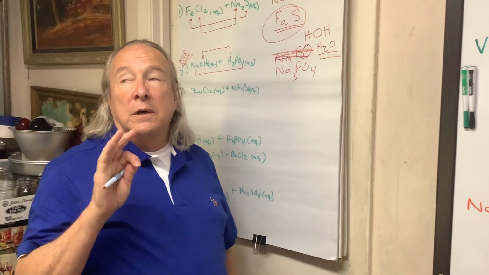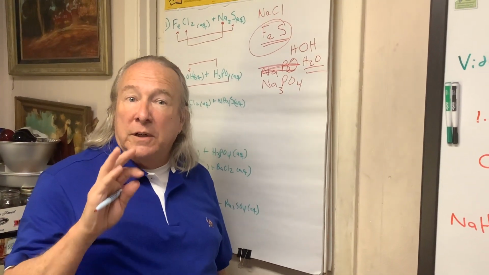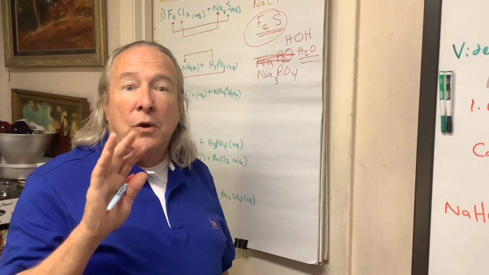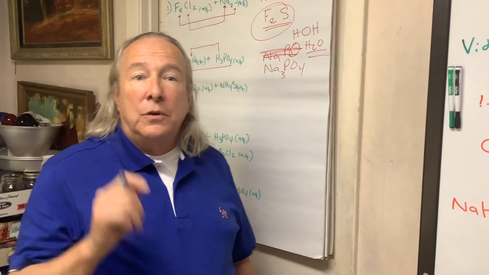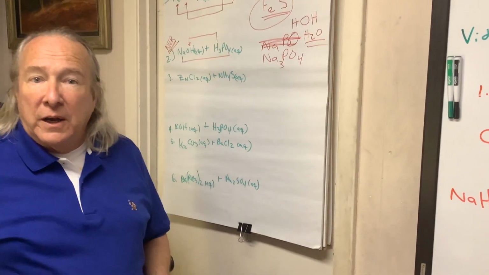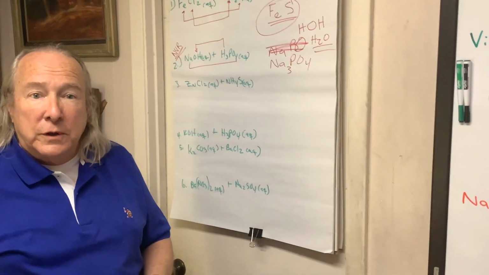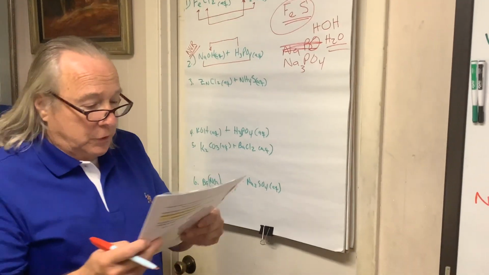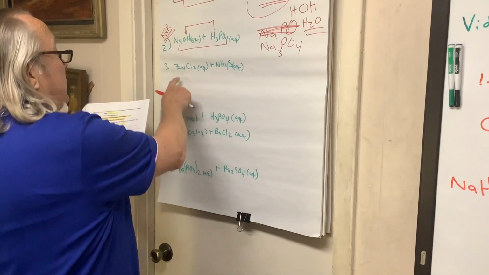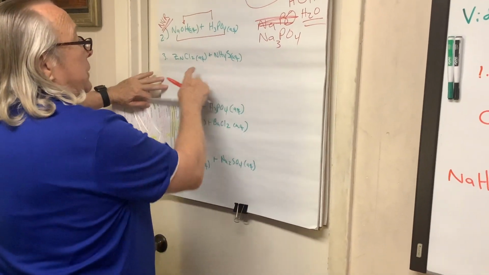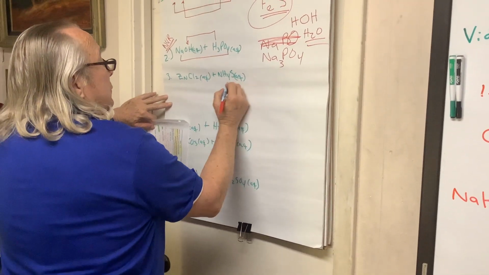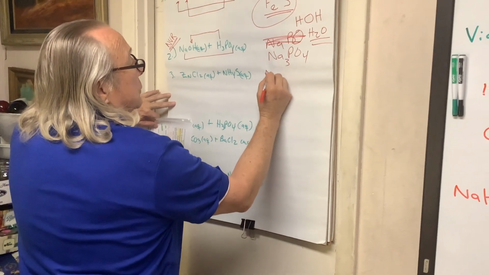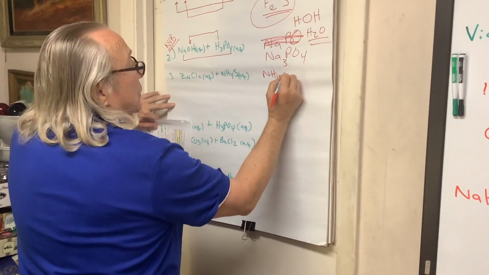Those are situations in a test tube, in an aqueous solution, where you can visibly tell that a reaction has occurred. The third one mixes zinc chloride with ammonium sulfide, so I'm going to make 2 compounds. Ammonium chloride.